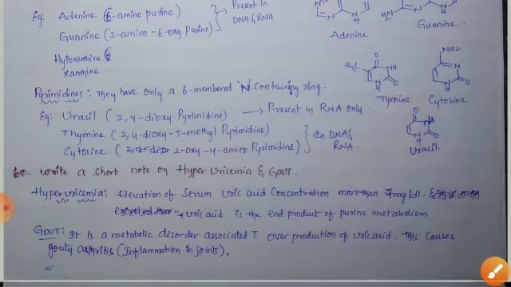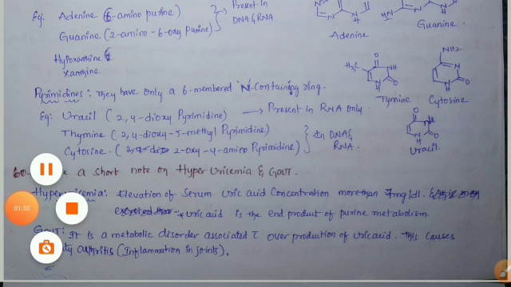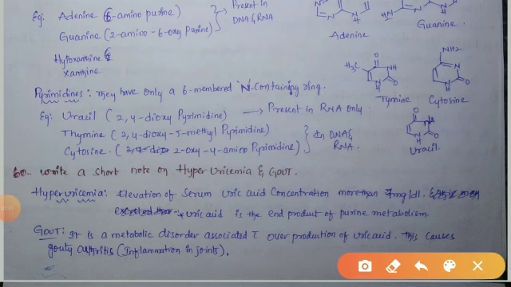Pyrimidines have only a 6-membered nitrogen containing ring. Examples are uracil, thymine and cytosine. Uracil is present in RNA only. Thymine and cytosine are observed in DNA and RNA as described.